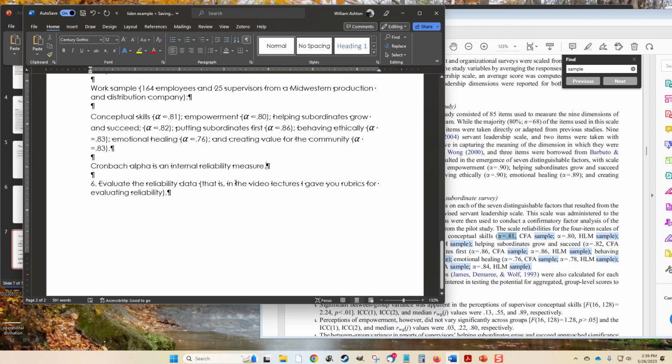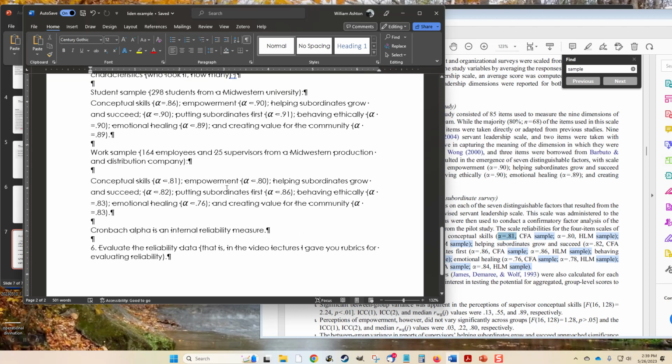And I tell you very specifically in the video lecture, I gave you rubrics to evaluate it. That is, conceptual skills, alpha equals 0.81. What does that mean? The whole assignment is, I want you to read about a survey and tell me if the survey is good or not. So the reliability is one statistic that will tell us if it's good or not.